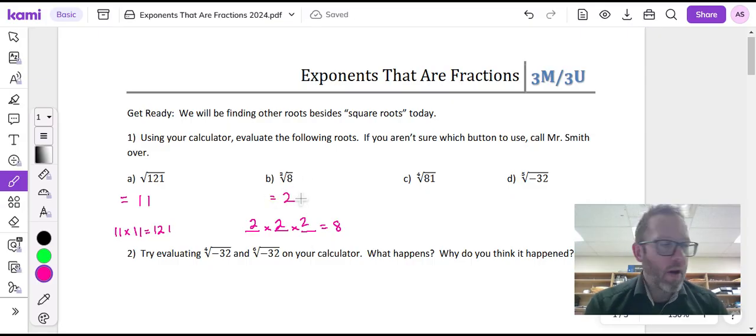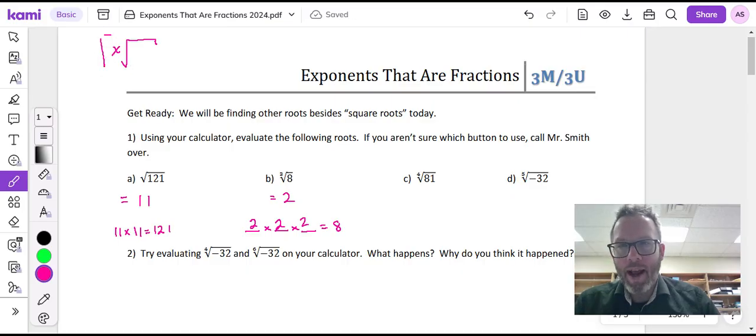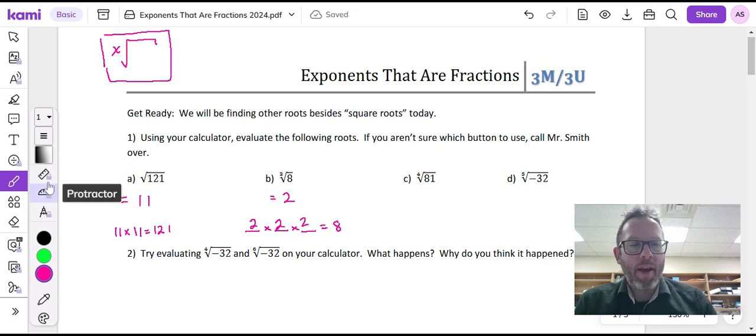Now, if you're doing this at home, what you should probably do is figure out where this button is on your calculator. It's usually above your power button. For me, I have a button that looks like the square root button with an X tucked inside the little crook of the square root. It's saying I'm doing the xth root. I can do third root, or fourth root, and so on.